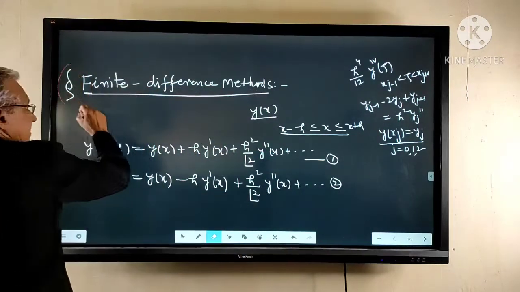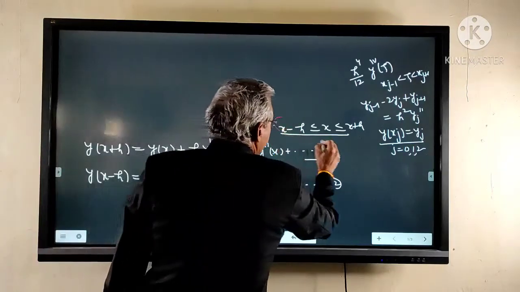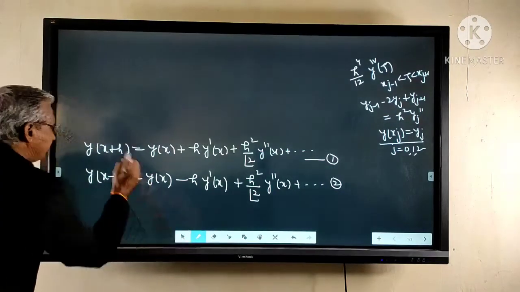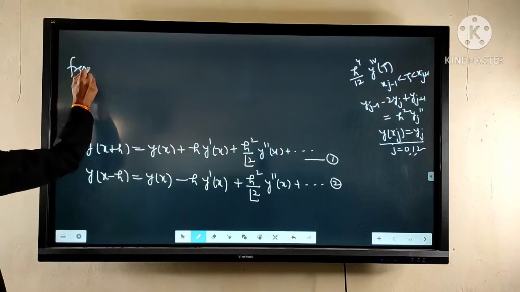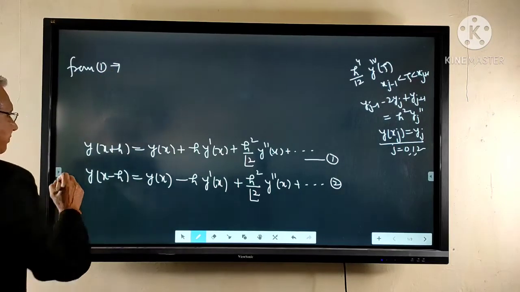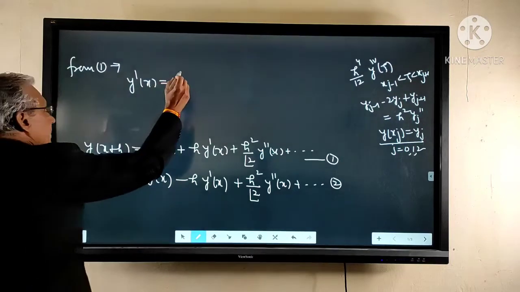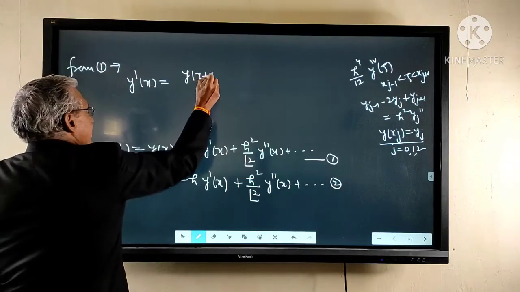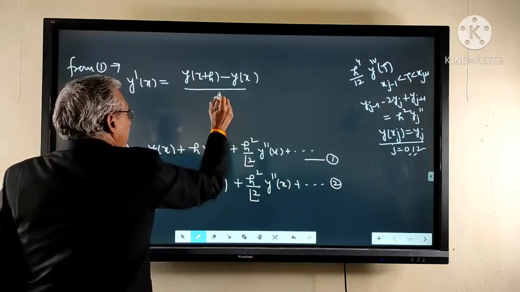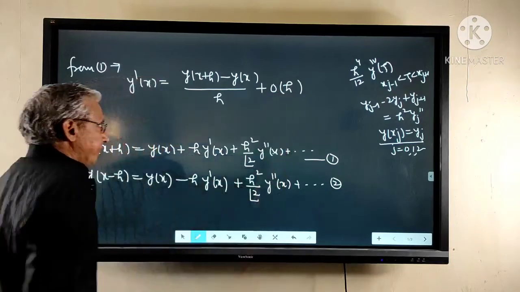From the first equation, we have y'(x) = [y(x+h) - y(x)]/h + O(h).